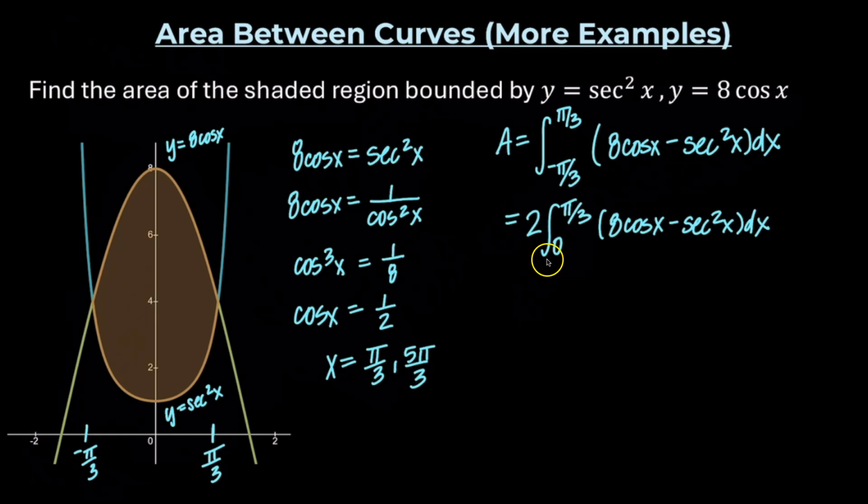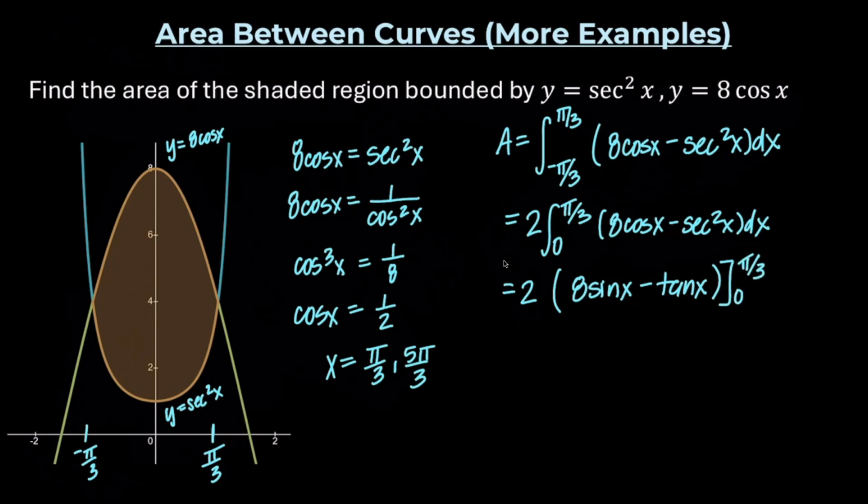So now we're going to find the antiderivative of each one separately. We have 2 times the antiderivative of 8 cosine x, which is 8 sine x, and the antiderivative of secant squared x is tangent x. So we have minus tangent x, and we're evaluating this from 0 to pi over 3.